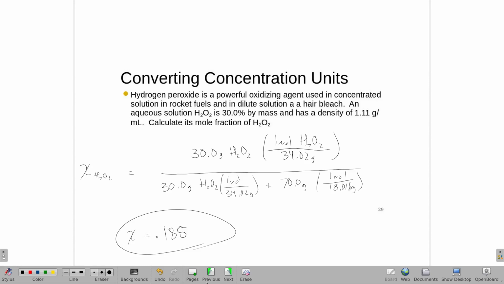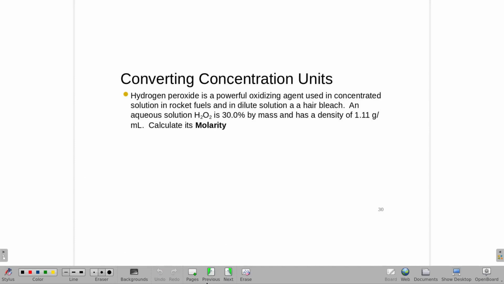Alright, what else can we do with the percents? How about molarity, the common one we see in a chem lab? Still 30%. On the top, we're going to have the exact same thing because molarity wants moles on top.